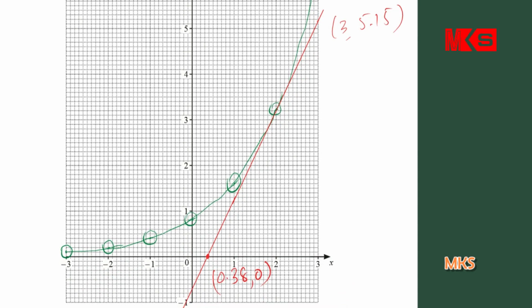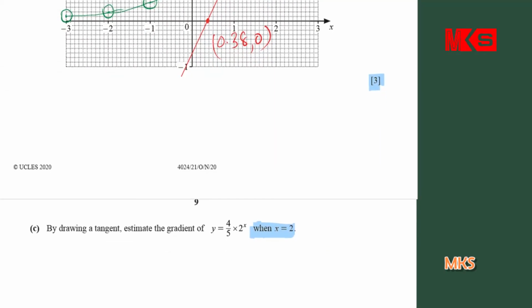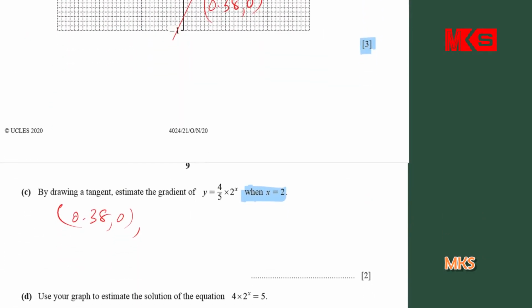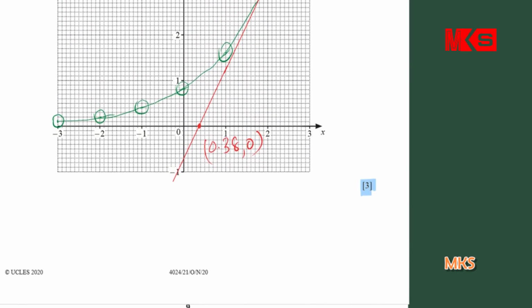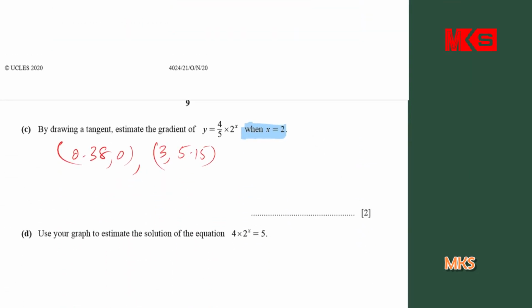So I have taken 2 points from the tangent. One is 0.38, and the other one is 3, 5.15. 1 mark for drawing the tangent and 1 mark for finding the gradient.